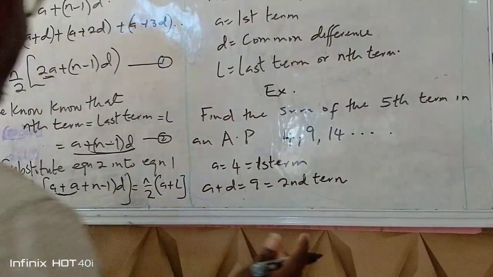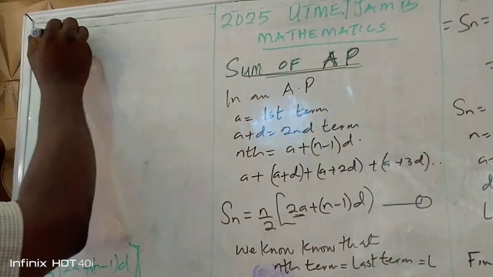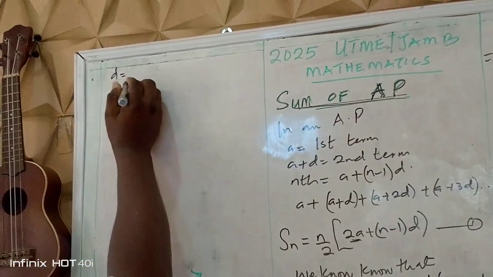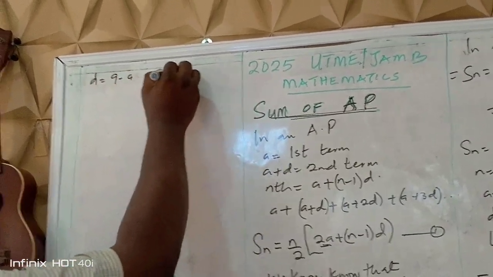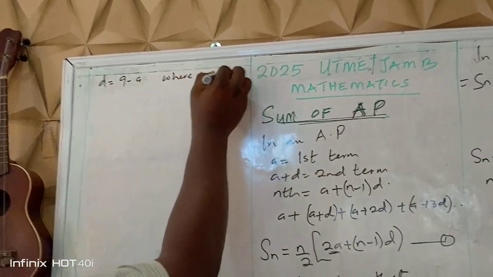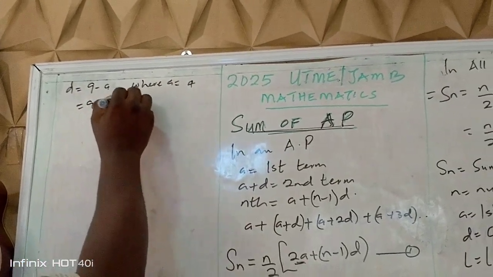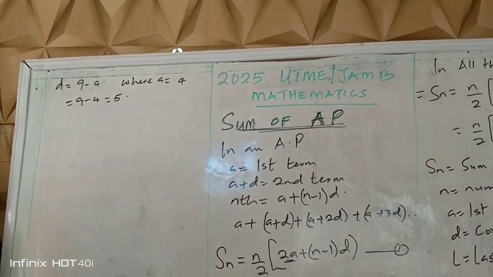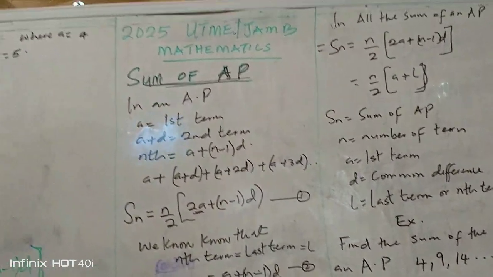So it implies, follow me down here, that my d will be equal to 9 minus a, where a is equal to 4. So my d will be 9 minus 4, that gives me 5. The question says, find the sum of the fifth term of an arithmetic progression.